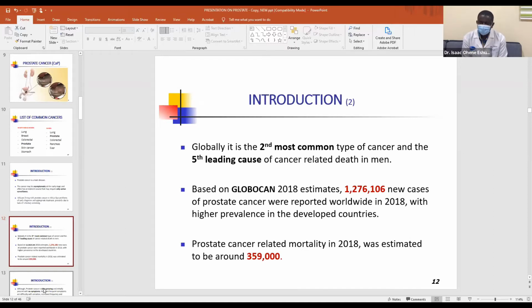So in 2018, they estimated that over 1.2 million cases of prostate cancer were in the system. So that's worldwide in 2018. Now, prostate cancer-related mortality in 2018 was estimated to be around 359,000. And if you look at it, it's quite significant. So the importance of this topic cannot be overemphasized.